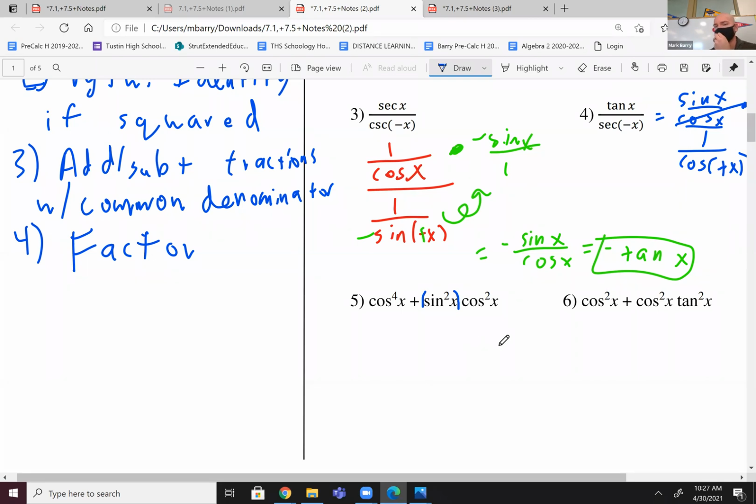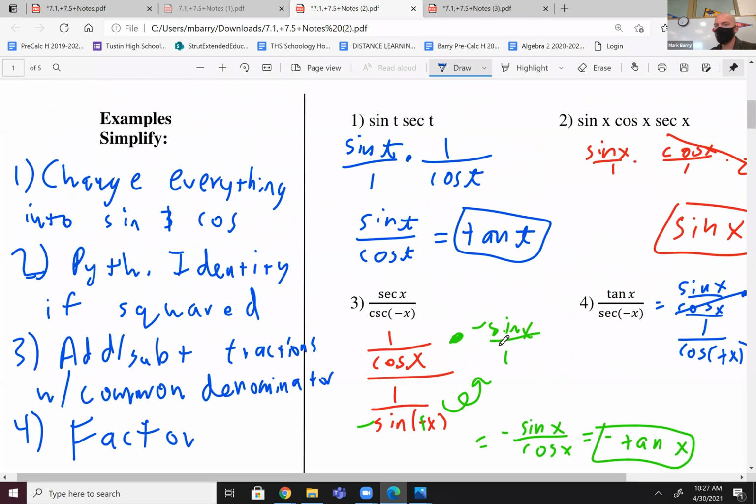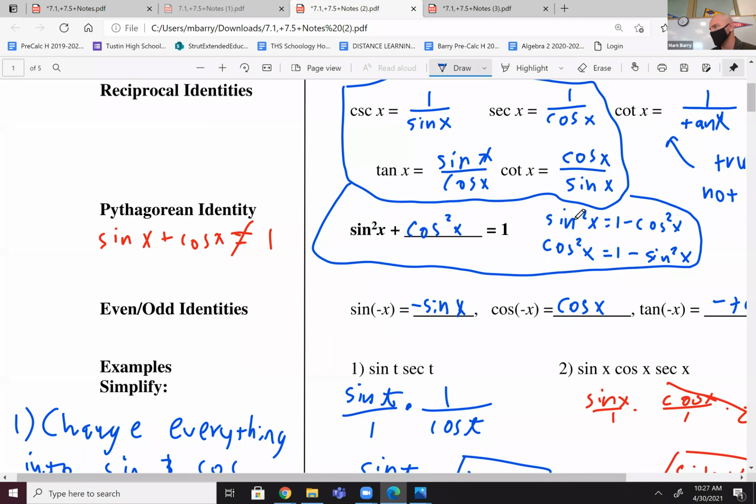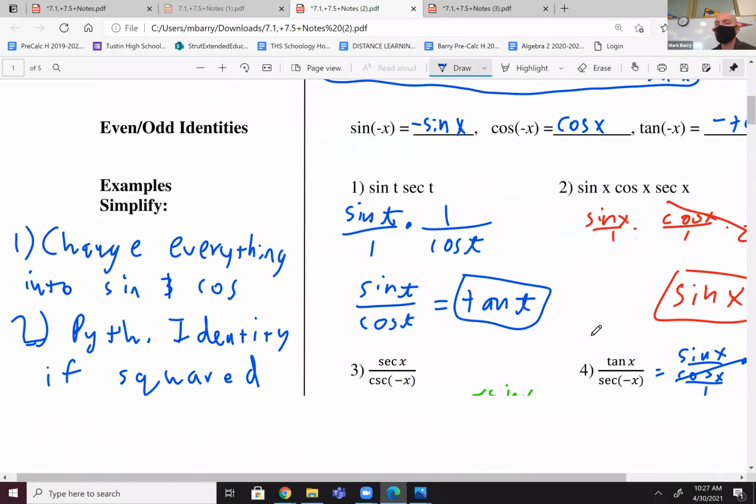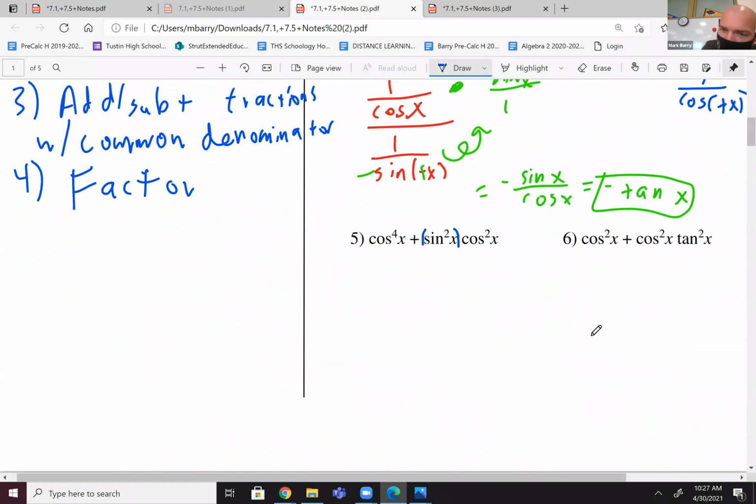Well, go back up to our Pythagorean identity. And if we look at this first modification over here, it says we can turn sine squared into 1 minus cosine squared. So I'm going to go ahead and do that and see what happens here. So I'm going to turn this into 1 minus cosine squared, and I'm going to keep everything else the same. So now you can see I have everything written in terms of cosine.